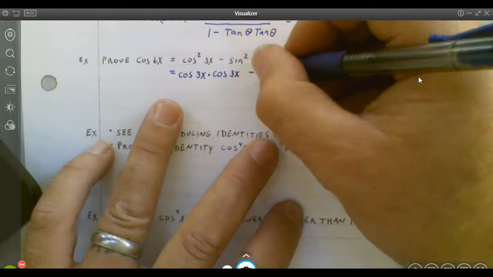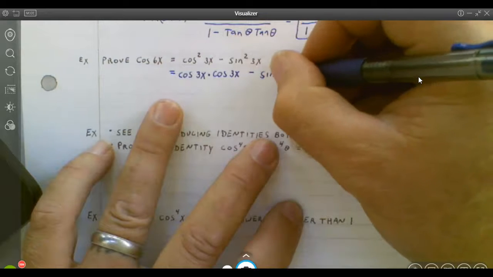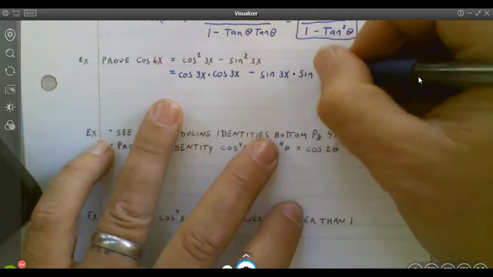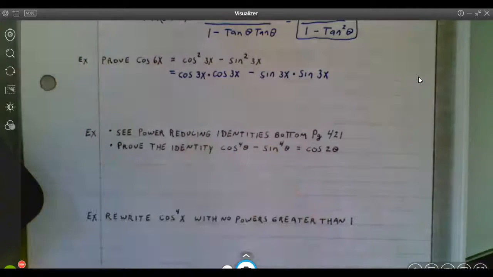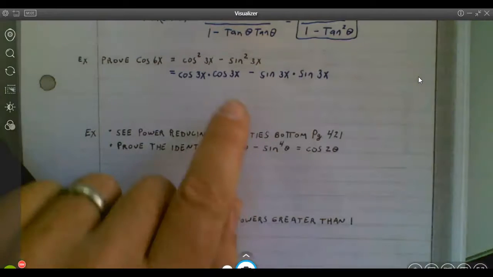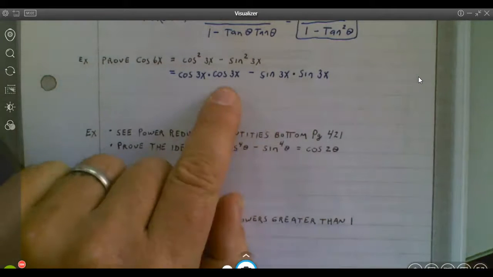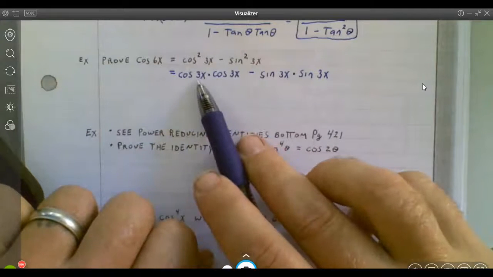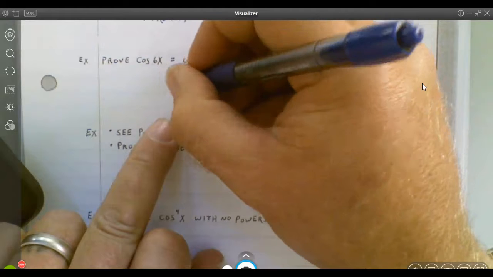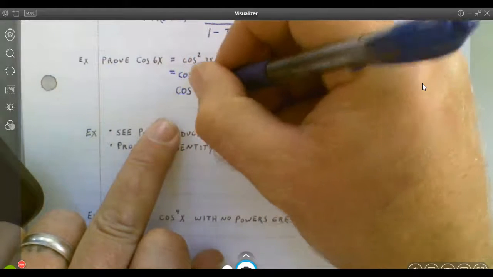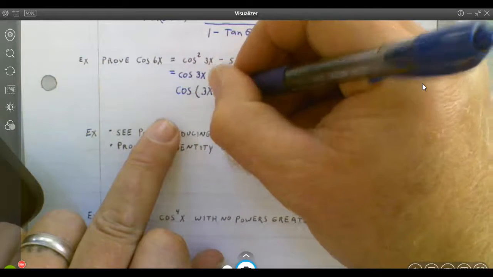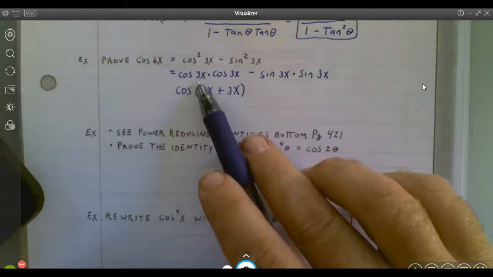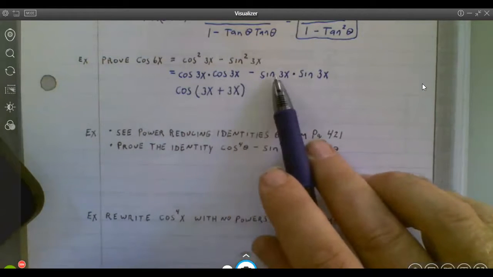I'm going to do the same thing with my sine values. So sine 3x times sine 3x. All right, so obviously if we're noticing this, it looks just like our cosine formula, where we were just adding 2 angles together. So remember, this is like cosine of u plus v is equal to cosine u, cosine v minus sine u, sine v, right?